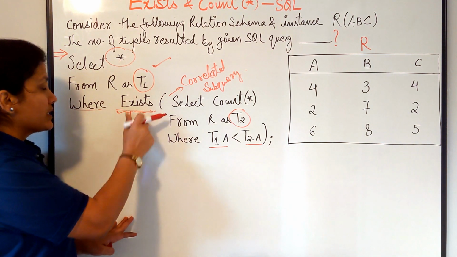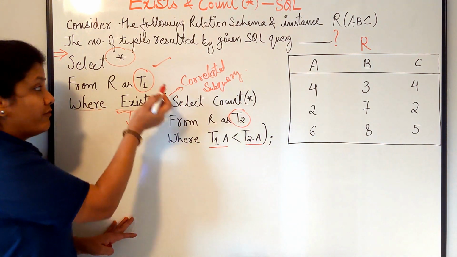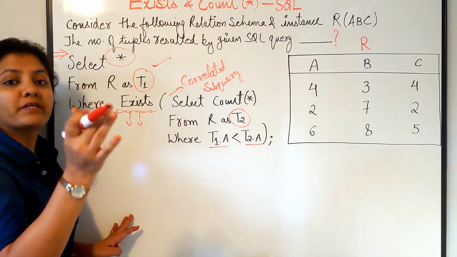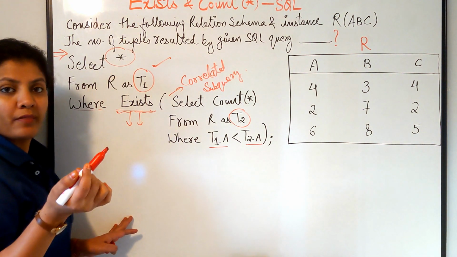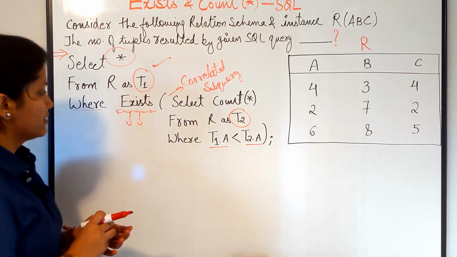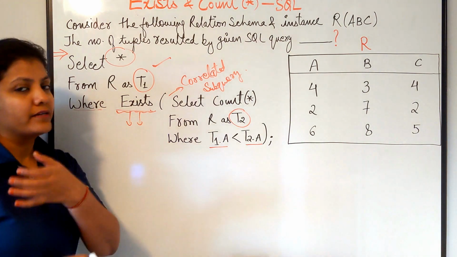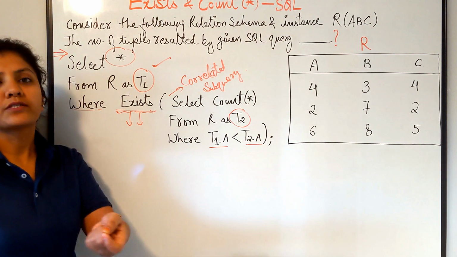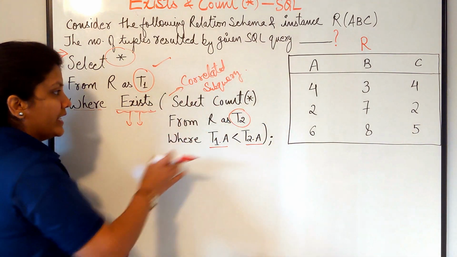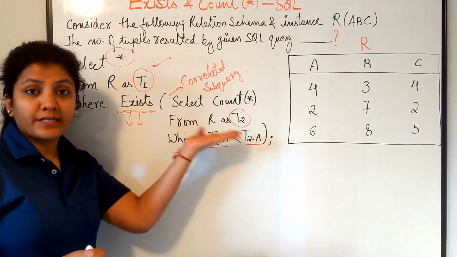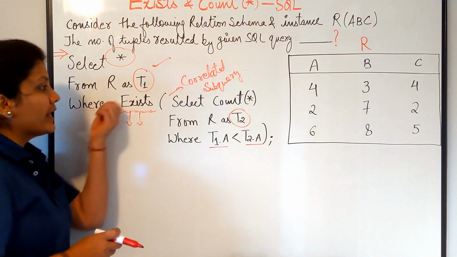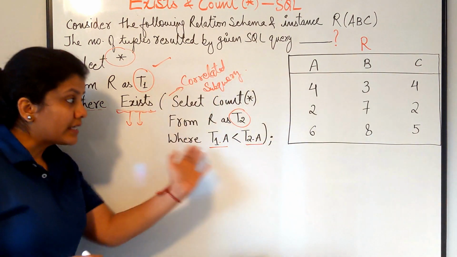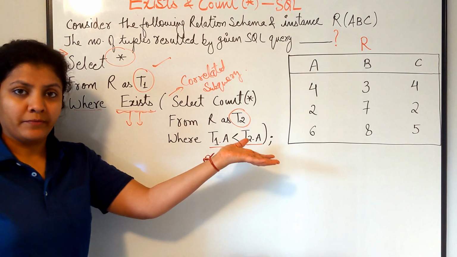If it becomes false, that tuple won't be selected in the final output. That is how EXISTS works, and NOT EXISTS works in exactly the opposite manner. EXISTS wants to see whether there is anything existing here, and NOT EXISTS wants to see whether there is nothing existing here.